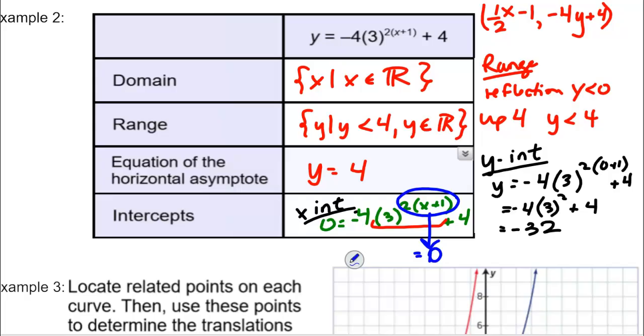So if I want that to equal 0, I'm going to have x as -1. If x equals -1, and try that for yourself, put a -1 into there, then the entire equation should equal 0, and that's going to be our x-intercept.